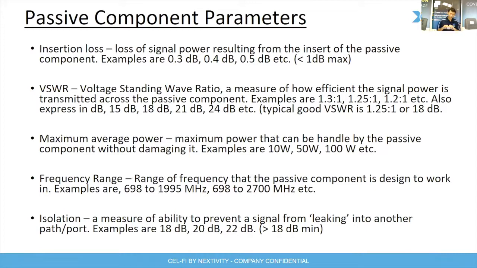We are trying to prevent the signal from leaking from one port to another port to reduce the PIM issue. A good value for isolation, depending on the type: for a splitter type, we are looking for isolation of 18 to 20 dB and above, whereas for a coupler, we are looking for 28 dB and above. So these are the important performance metrics we look out for when we select a passive component.